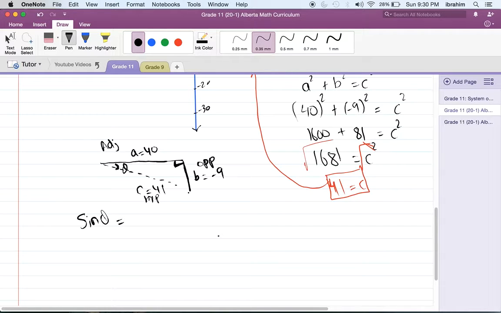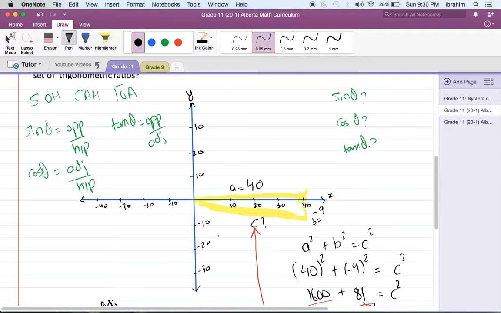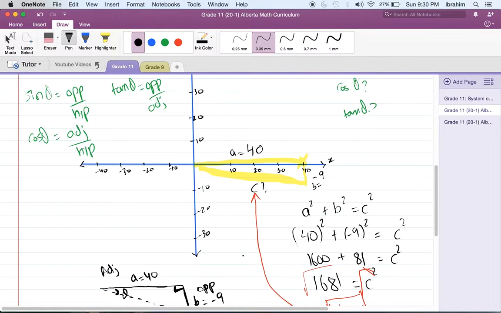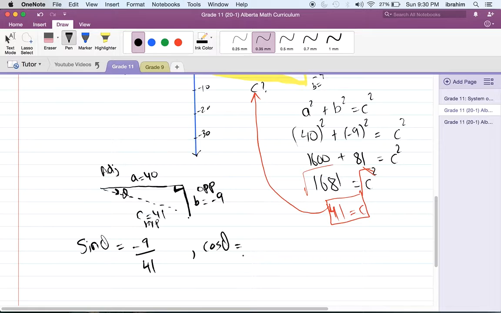So sine theta, if I scroll up, the formula was opposite over hypotenuse. So my opposite is -9 and my hypotenuse is 41. Now cosine theta, the formula was adjacent over hypotenuse. So my adjacent is 40 and then my hypotenuse is 41.